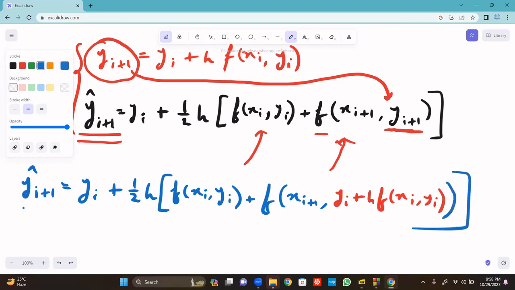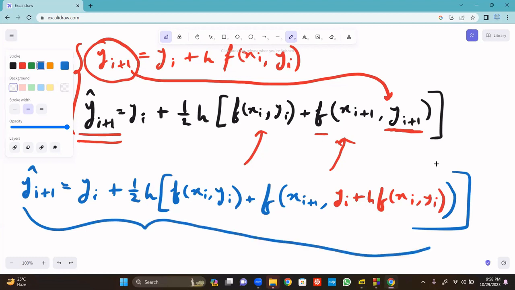So this will work better if you are interested in writing the entire thing in a single equation instead of breaking it into two equations.